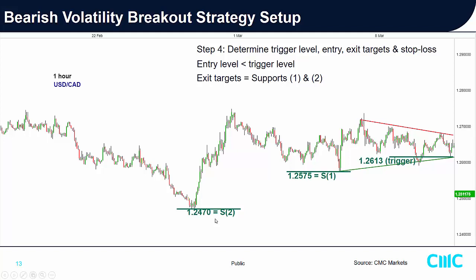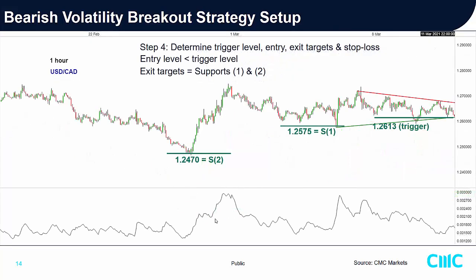All right, so with that in mind, the next key thing is I've got to determine where is the stop loss. Now the stop loss level is based on the resistance, because for us to have a successful bearish volatility breakout strategy, we want price to go down to hit our S2 rather than going up and breaking above the resistance.